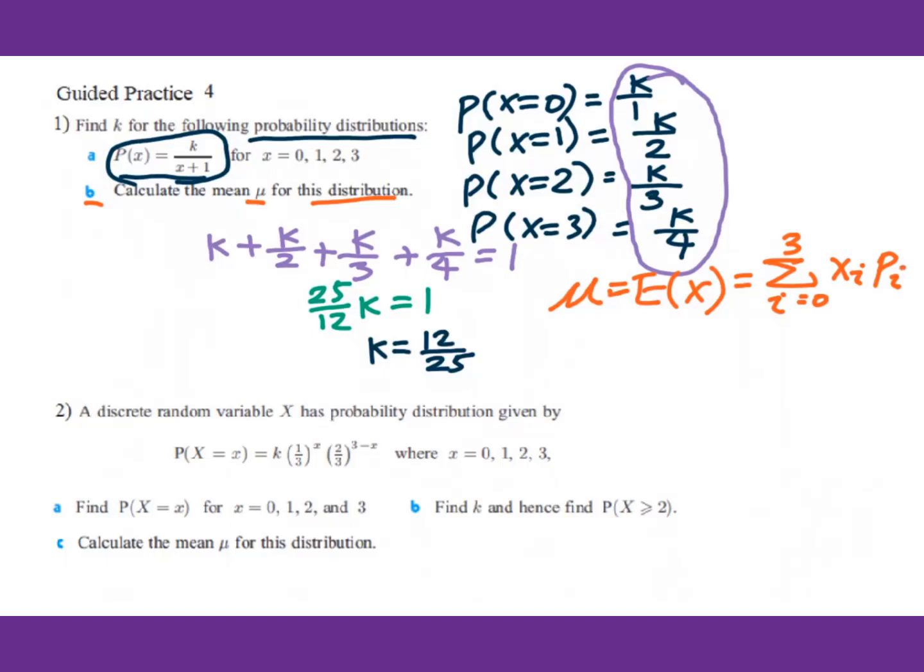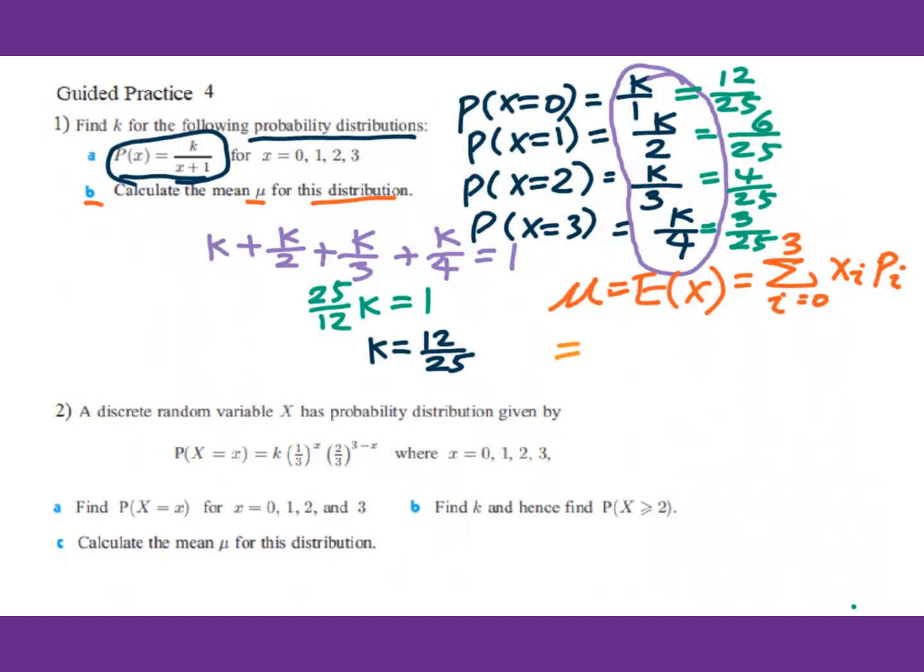Before we plug in, let's work this out. This will be 12 over 25. This will be 6 over 25. This will be 4 over 25. And 3 over 25. Then we plug in.